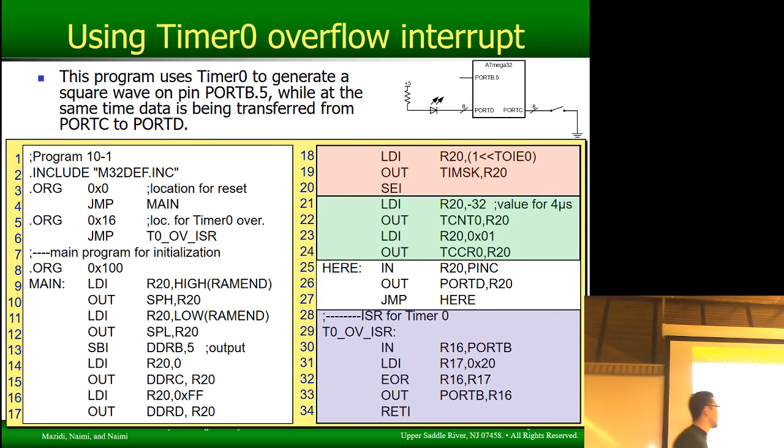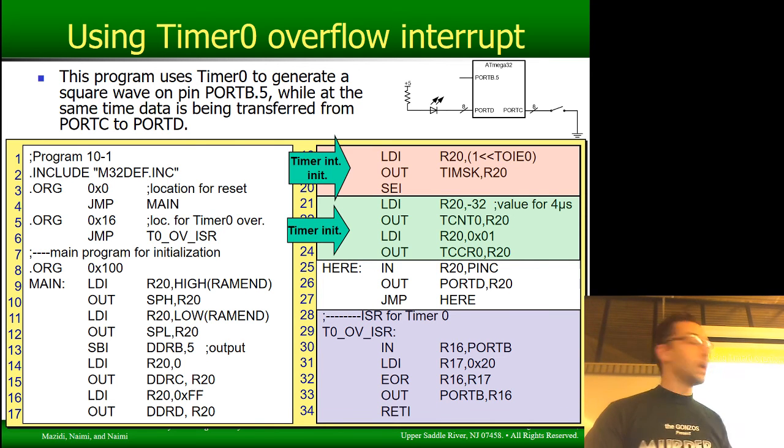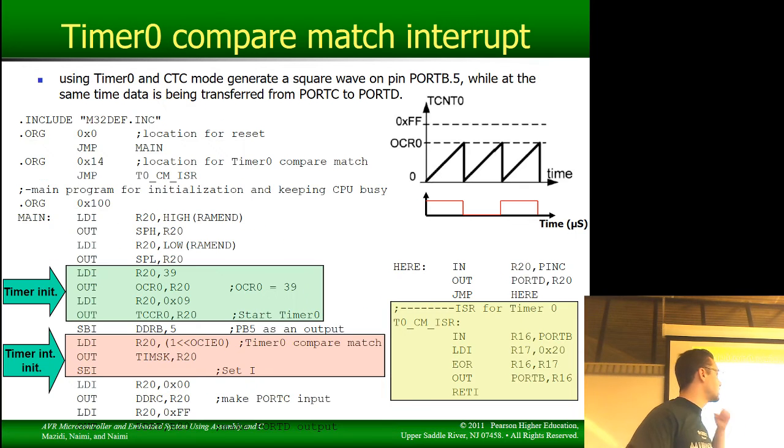Then we go into a forever loop, and the forever loop just takes input from pin C and outputs it to port D. Nowhere in this code will you find a call to this routine, this timer overflow ISR. It'll never happen. So we initialize the interrupts, we initialize the timer.